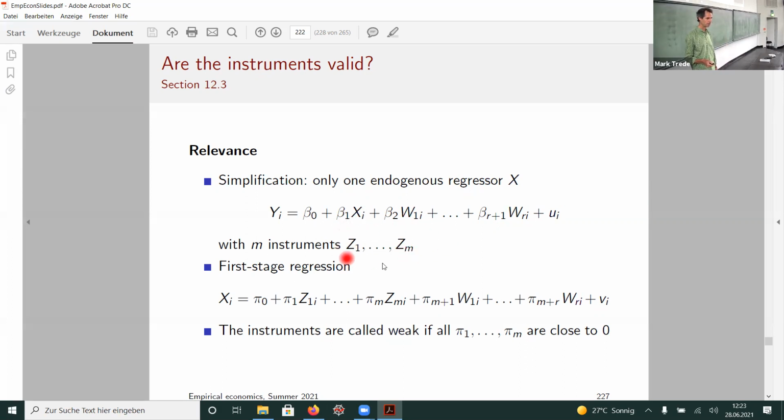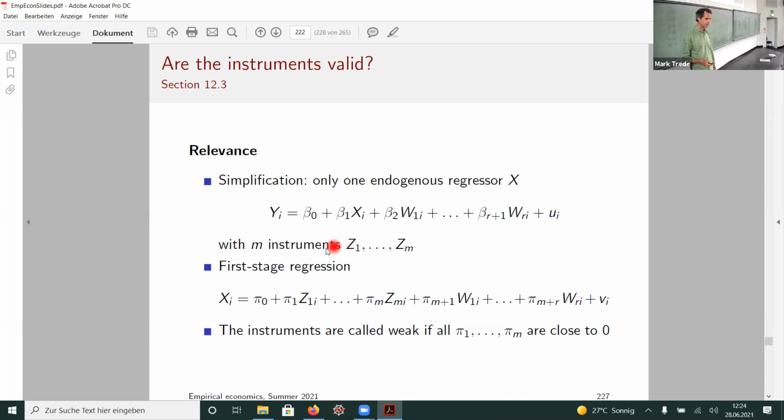So we assume that we have potentially more than one instrument, even though we only have one endogenous regressor. So we assume that at least we have exact identification. Identification, in this setting, means that we have at least as many instruments as we have endogenous regressors. Okay? So if there's only one regressor, we need at least one instrument, of course. We could have more, that's better, but we need at least one.